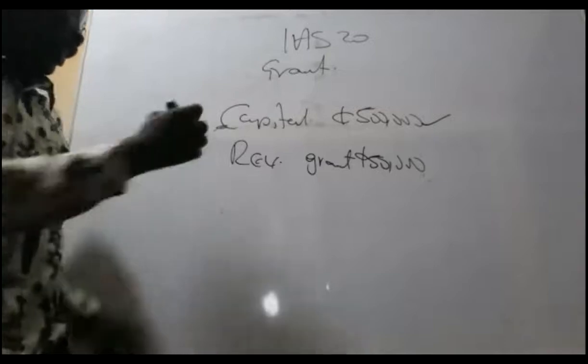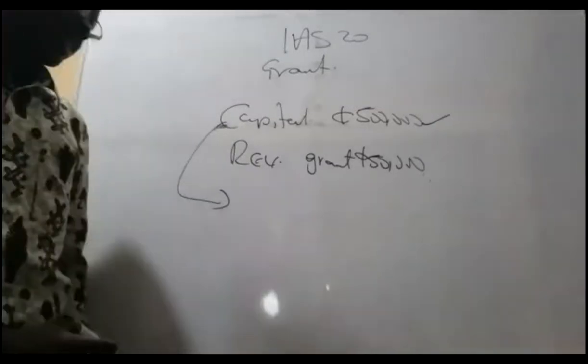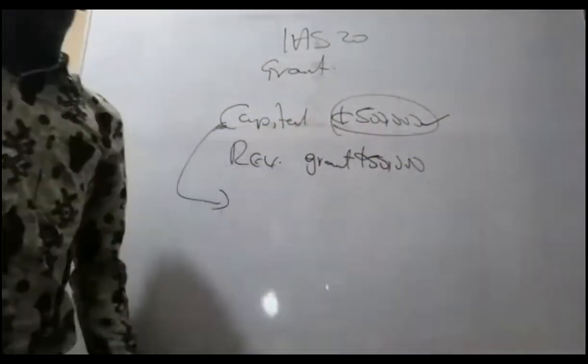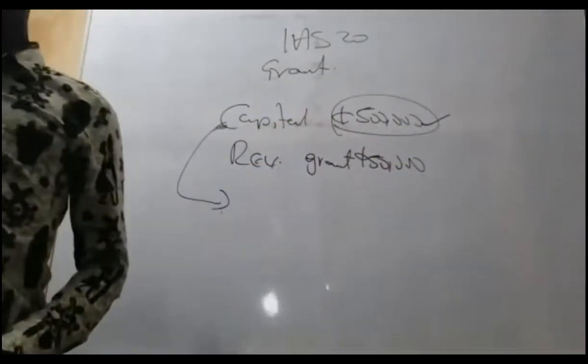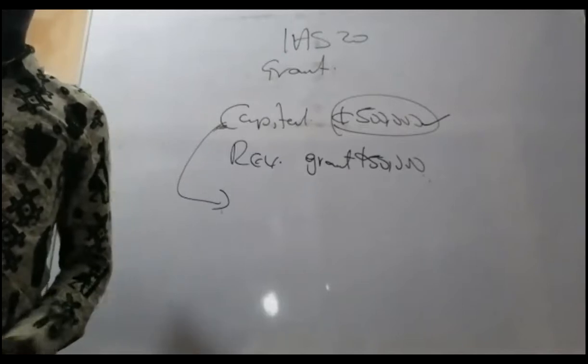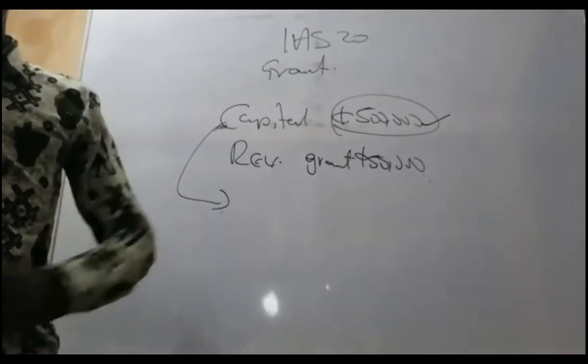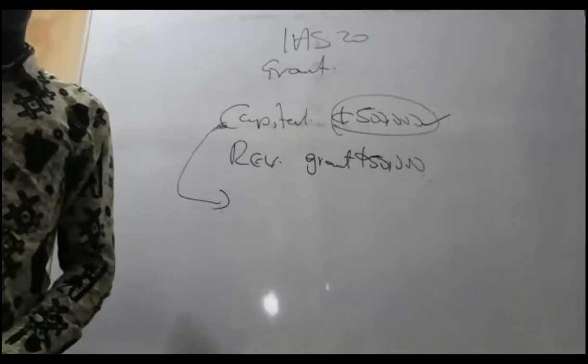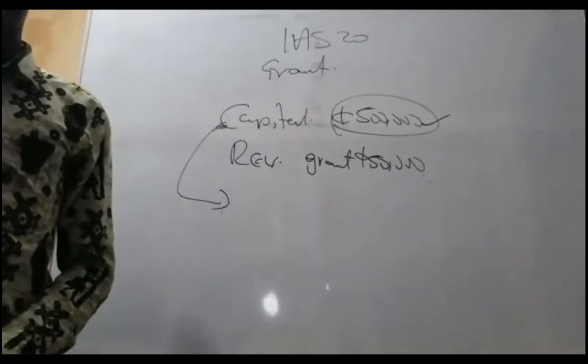Good. So here we have to use what we call the deferred credit. With this deferred credit, the entire grant will be amortized over the period or over the useful life of the asset.